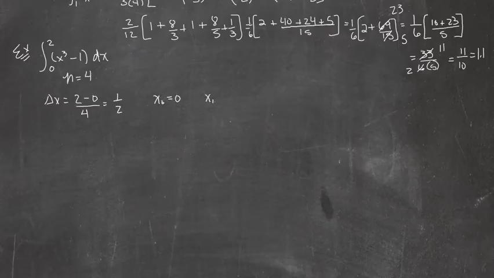Then the next boundary on my partition will be at x equals 0 plus 1/2, which is 1/2. X sub 2 is going to be at 1, 1/2 plus 1/2 is 1. X sub 3 is going to be at 3/2, 1 plus 1/2 is 3/2. X sub 4, 3/2 plus 1/2 equals 2. And so there are my subintervals.